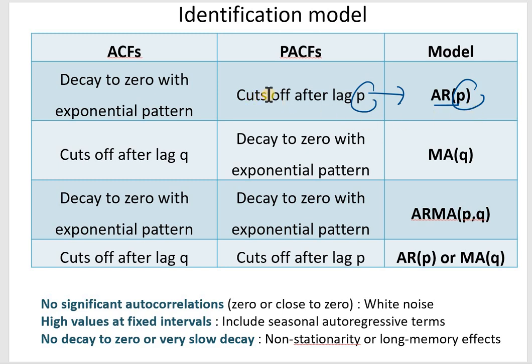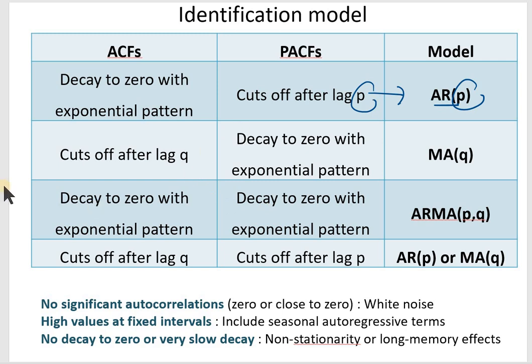For example, if the PACF cuts off at 2, the order of AR is 2. You can try this AR(2) and see whether the parameters are significant and the residual is uncorrelated. Otherwise, we have to try another model.